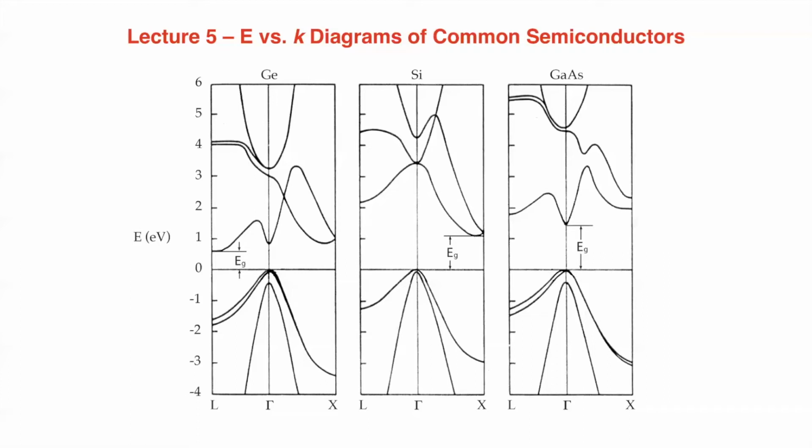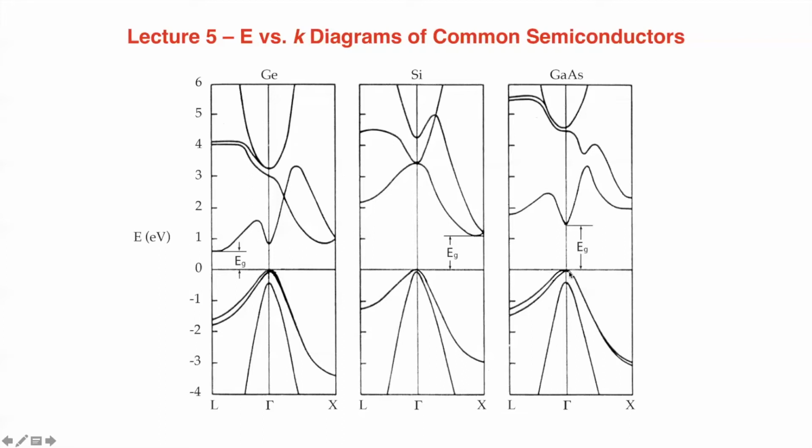If you want to stare at these further, you can try and understand the relative curvatures and the effective masses in germanium, silicon, and gallium arsenide, but it's not very obvious from these diagrams. So I'm not going to spend more time thinking about that.